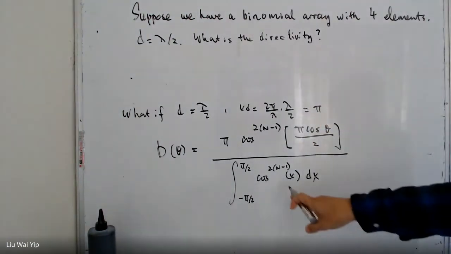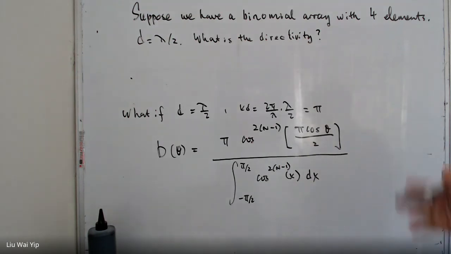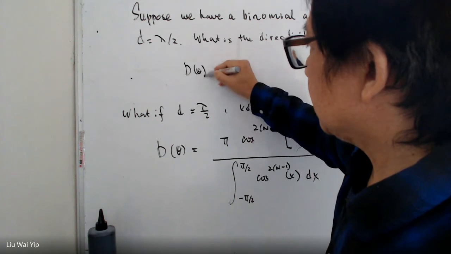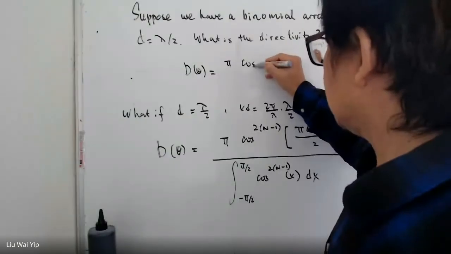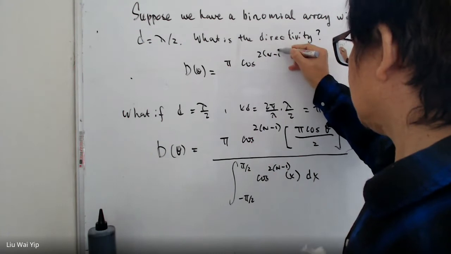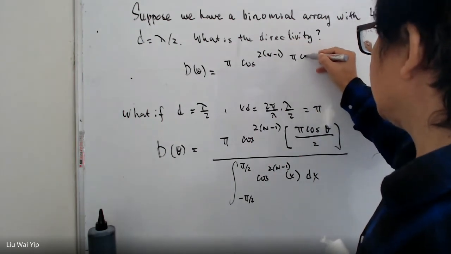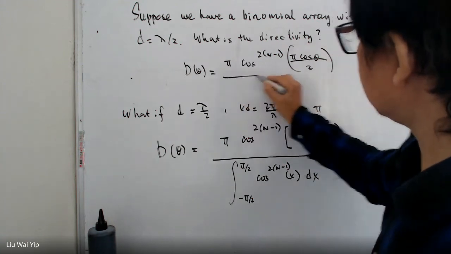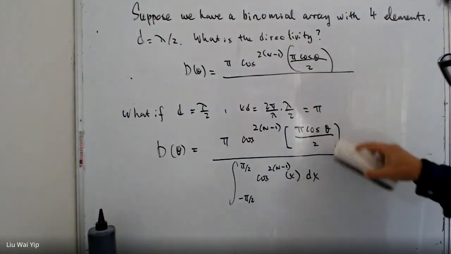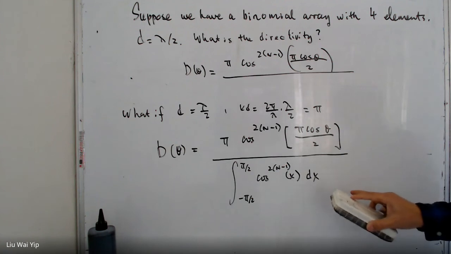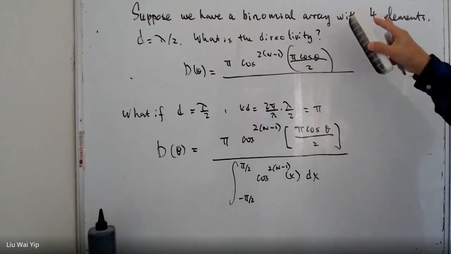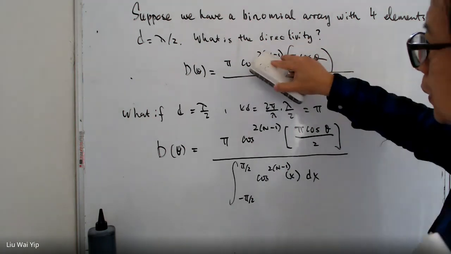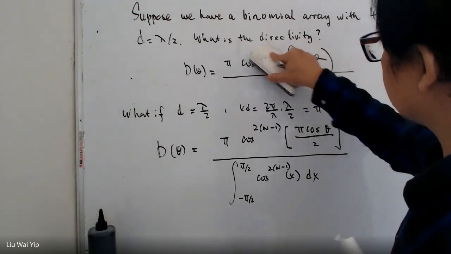So based on the expression here, we can work this out. D of beta is equal to pi cosine 2n minus 1, and then pi. Finally, we just substitute the value here. Now we know we want 4 elements, so 4 minus 1, and this one is going to be 6.